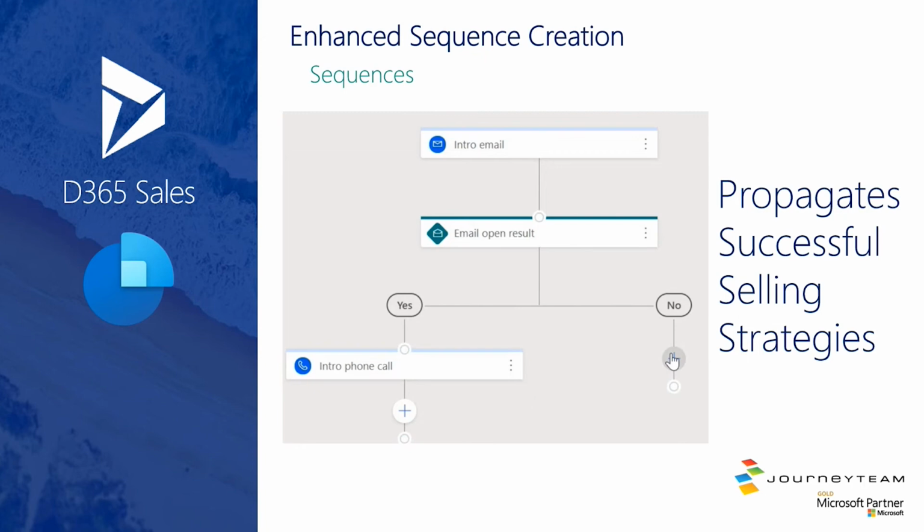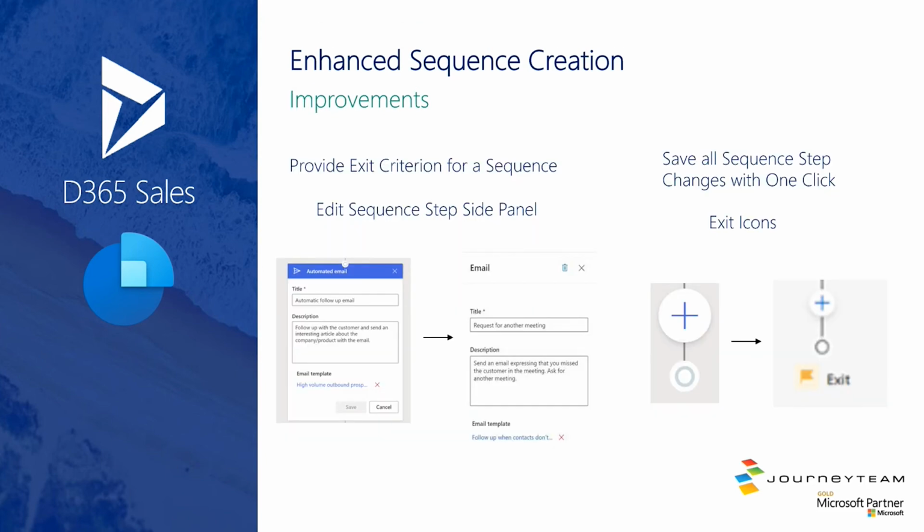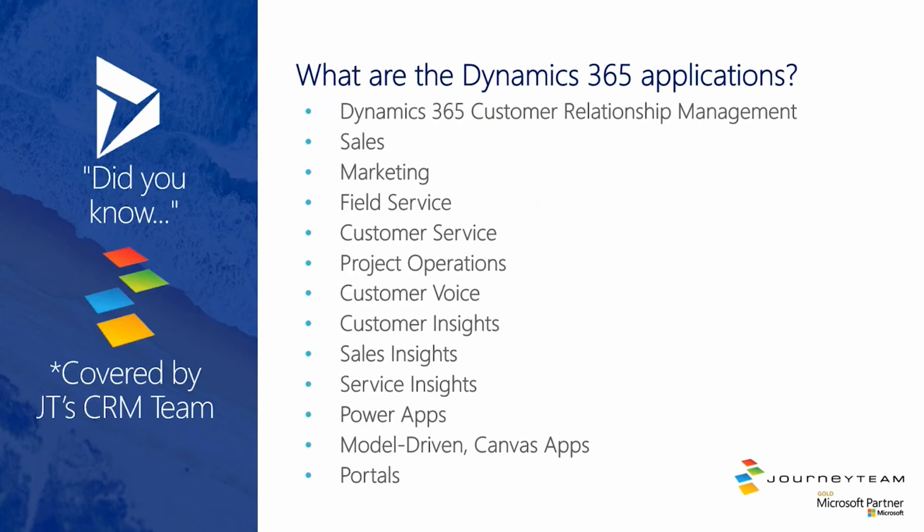There currently is the sequence if you have a Sales Premium, you can create sequences right now. And this is the enhanced sequence creation portion of it. So kind of looking forward to kind of seeing how this can improve in the use cases that'll kind of come from it. So those are some of the big things for Dynamics and with the enhanced sequence creation.